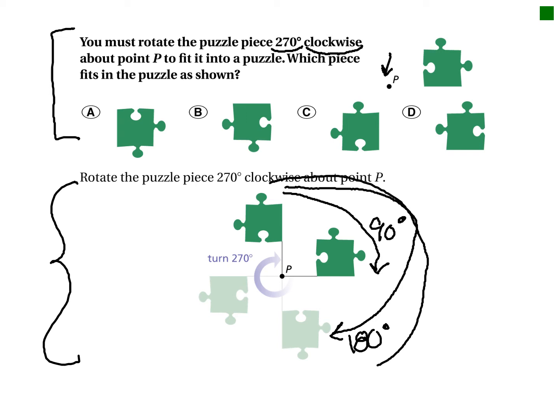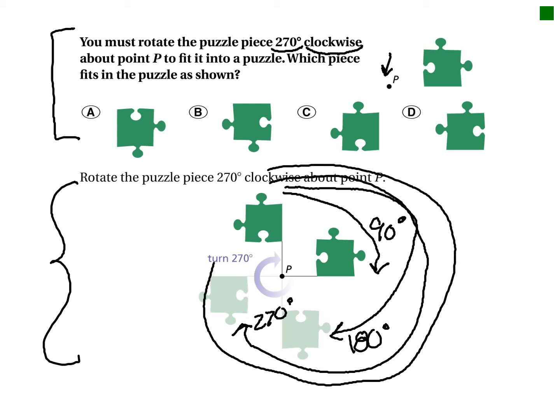Three turns is 270 degrees. Four complete turns is 360. Now, we really want this puzzle piece right here. Which of these puzzles fits with that one? Which one? It's C.